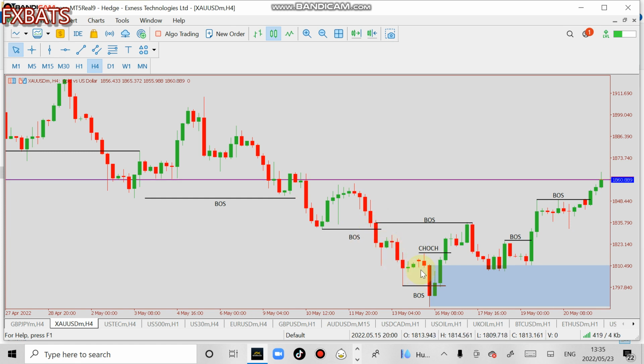Complex pullbacks are typical in all trends and at all time frames. Most of the time I don't love trading complex pullbacks unless I scalp. I just pointed out they're short-term trend moves, so I don't really rely on them.